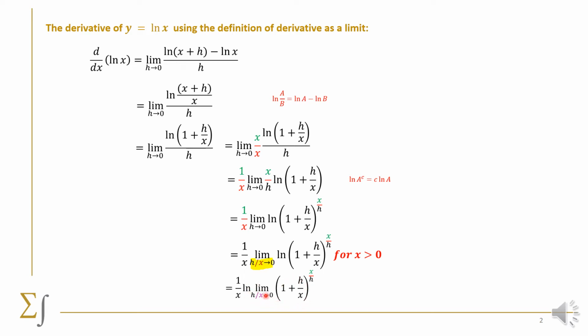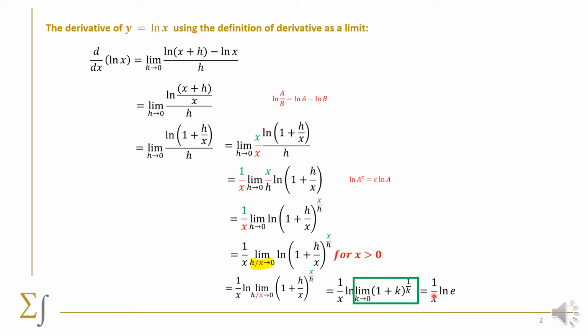Can we put instead of x over h any other variable, like k for instance? See, we replaced every x over h with a k, and here we put in the exponent 1 over k. Of course, we know that this limit is equal to e.